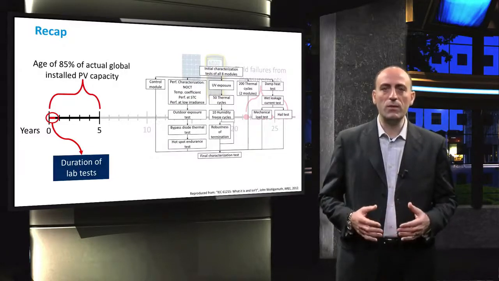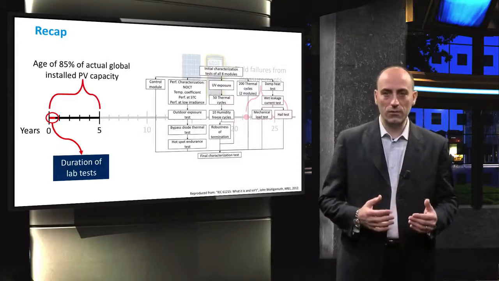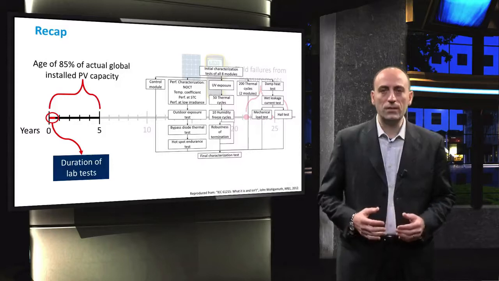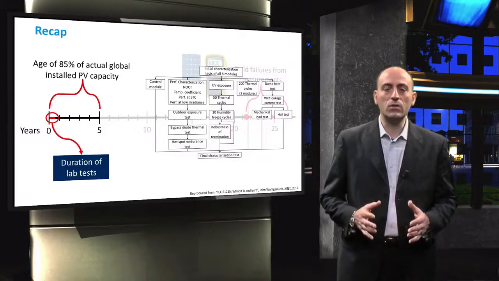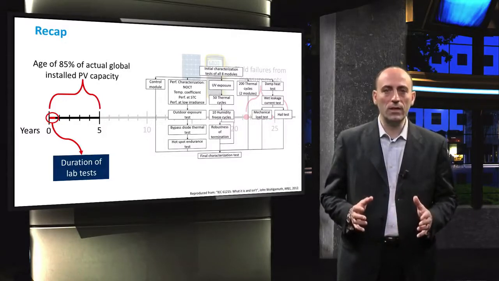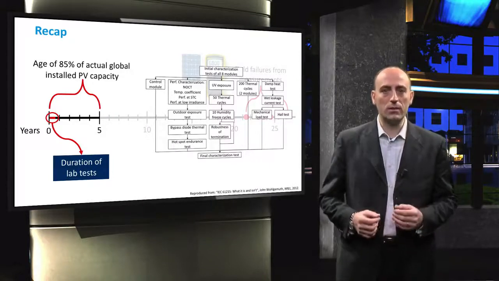Various tests have been treated which simulate the failure mechanisms that are encountered in the field. According to the IEC standards, these tests have pass or fail criteria. Nevertheless, lab tests might not simulate all possible failure mechanisms, nor do they provide the tested modules with an expected lifetime.